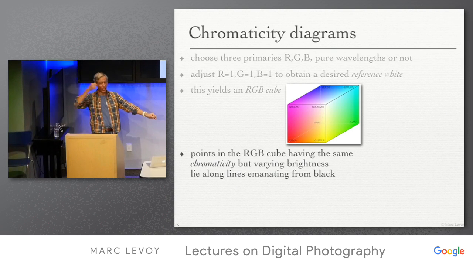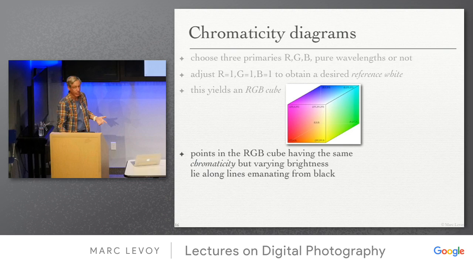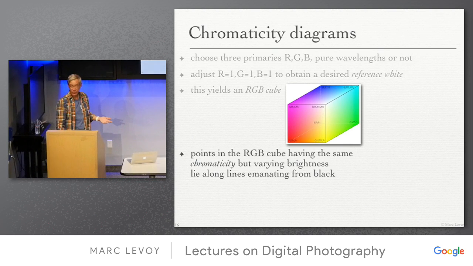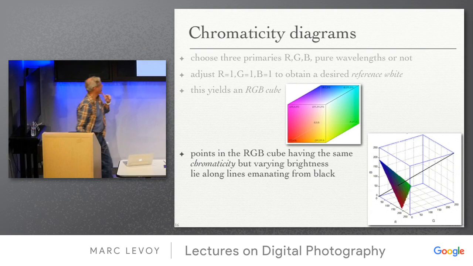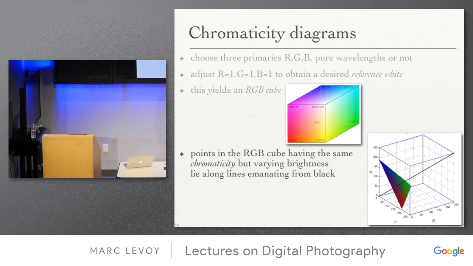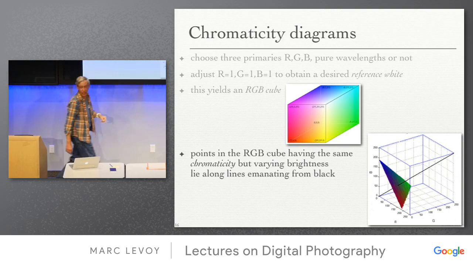So you can go from black to white and it'll just get brighter, or any other radial out from black will have the same coloredness, it'll just get brighter. And so here's another way to think about that. Here's the black, here's the white, this just gets brighter. Along any of these lines it gets brighter.